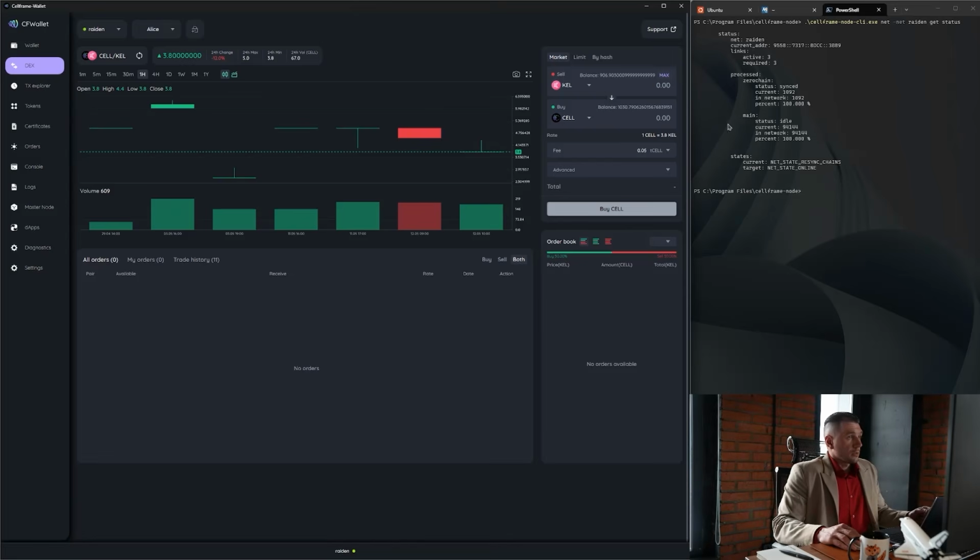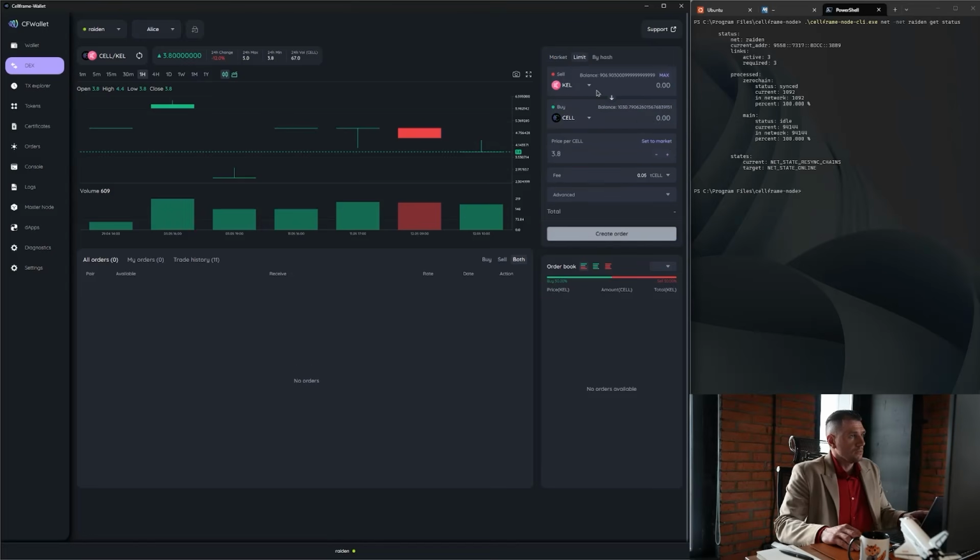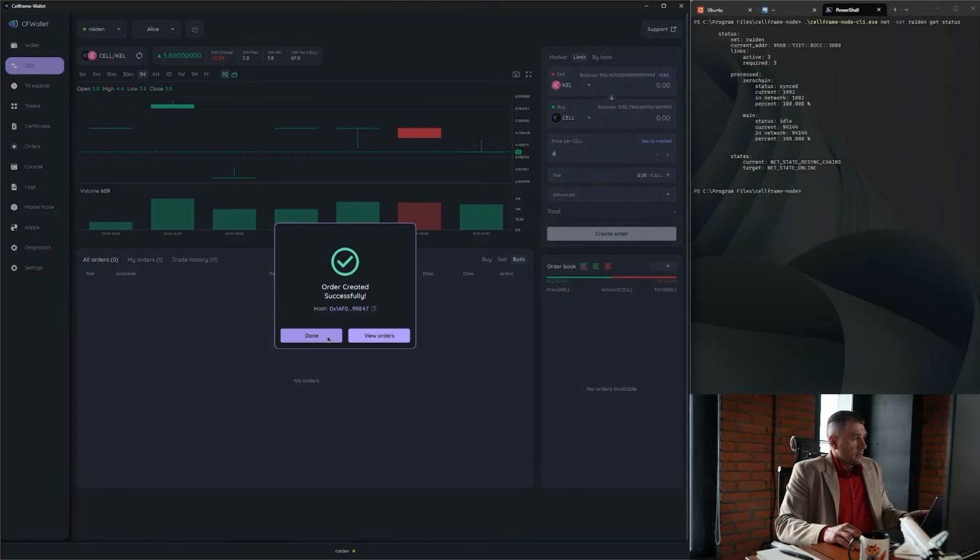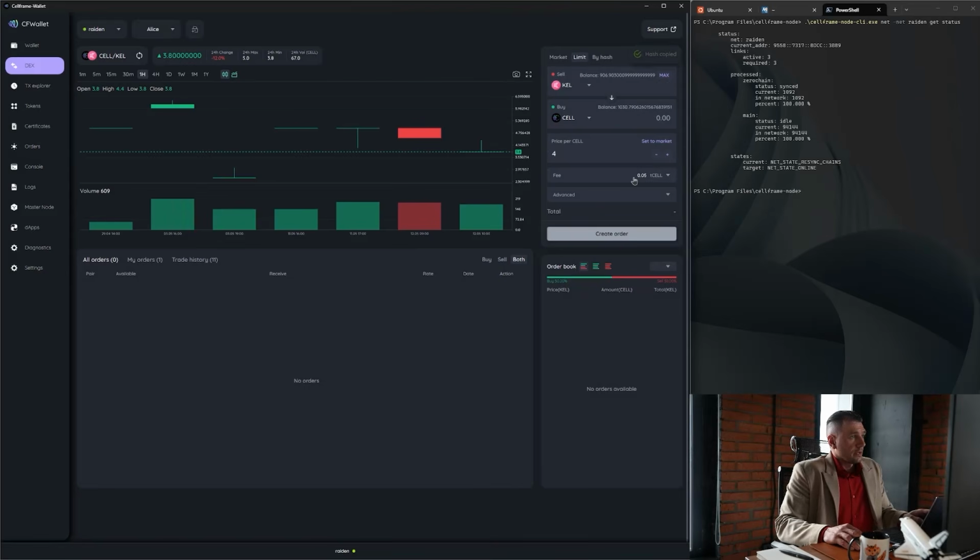So let's create a couple of orders. For example, Alice sells, we start with limit orders. Alice sells some Kel at the price 4 Kel per cell, then she sells at some bigger price.